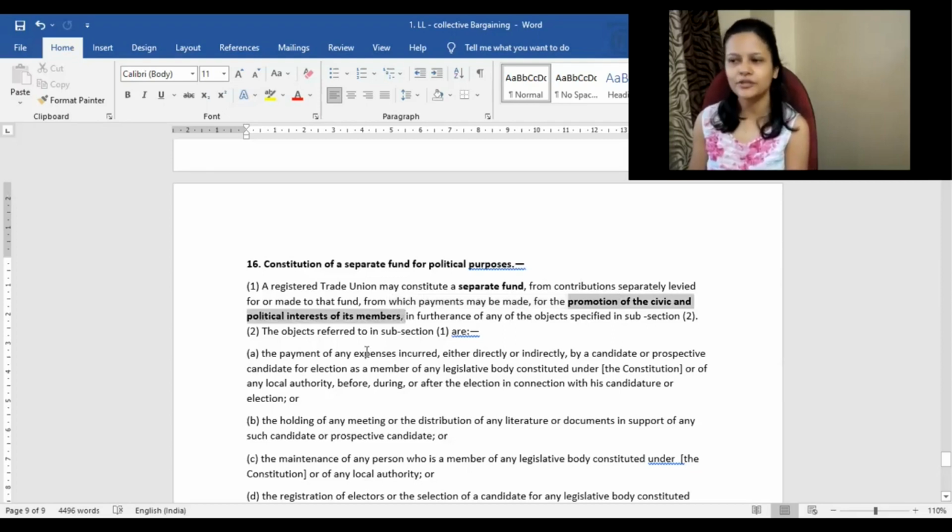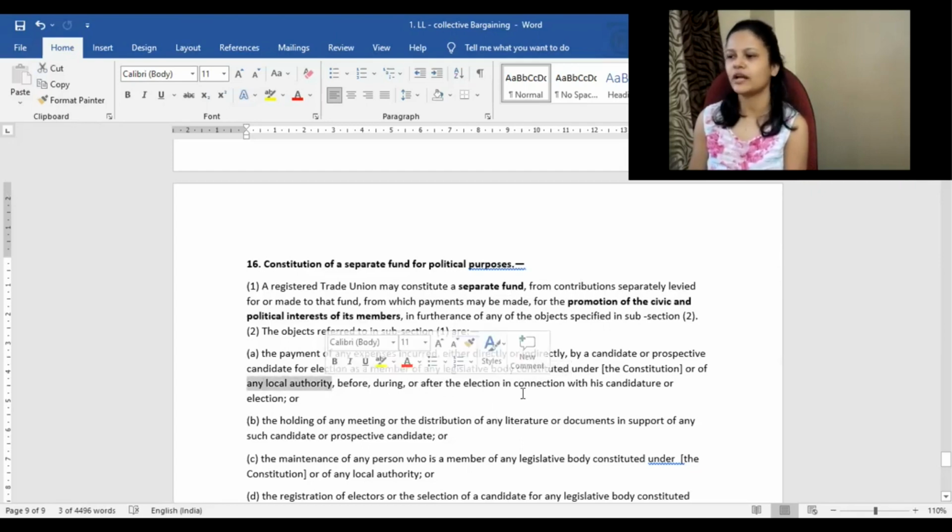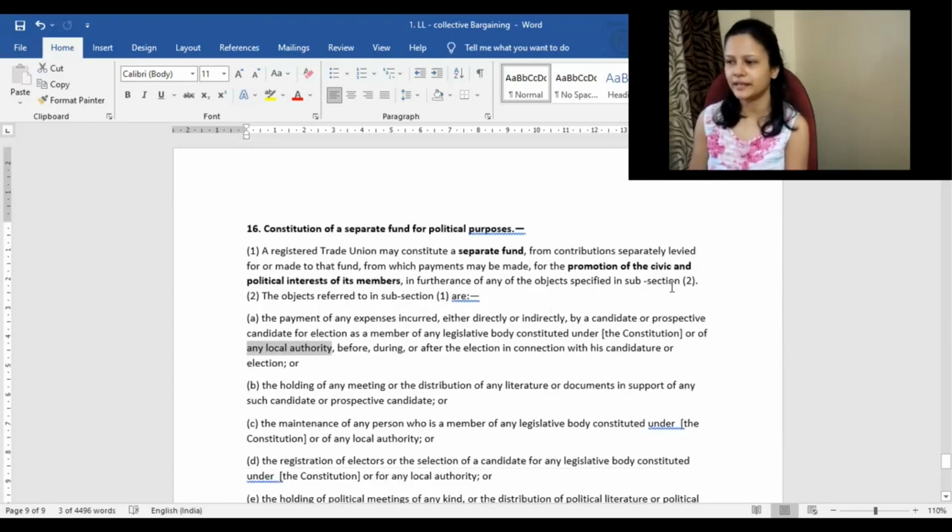If some members decide to join a legislative body, like a state legislature, or some other local authority, before, during or after election, in connection with the candidature of election, it may be utilized. From there money can be utilized to promote their interest.